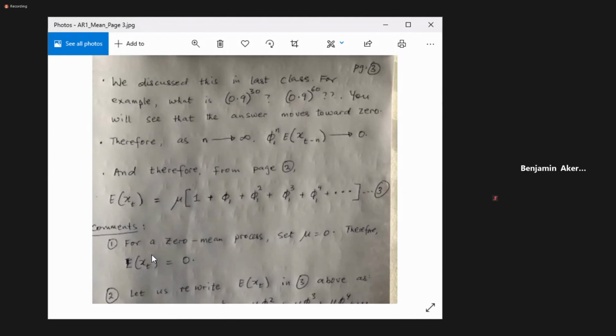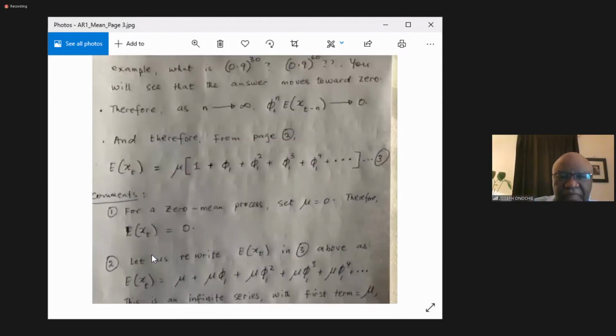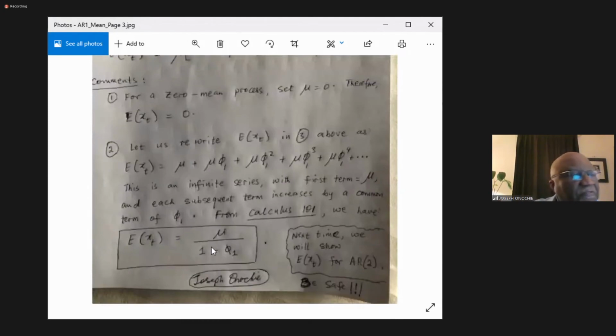Now I want to do something, just to finish this. So let us rewrite the expectation in equation 3 above as here. So we remove the parentheses. Did somebody just chat me? Okay, so we remove the parentheses, okay?